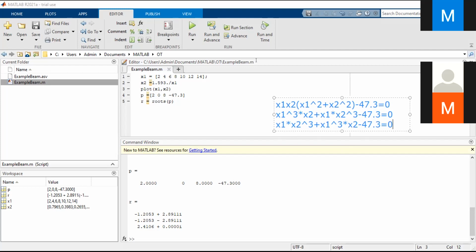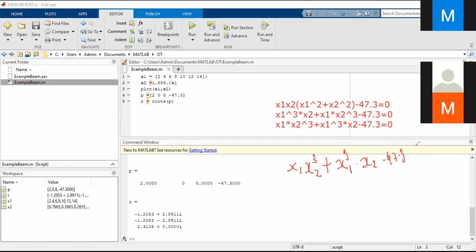It is very difficult for me to write in freehand, but I just try. So it is x1 x2 cube plus x1 cube into x2 minus 47.3 is equal to 0.